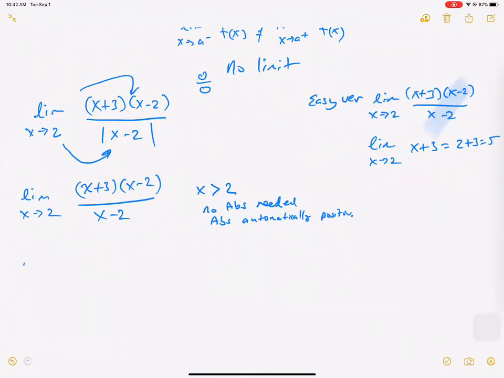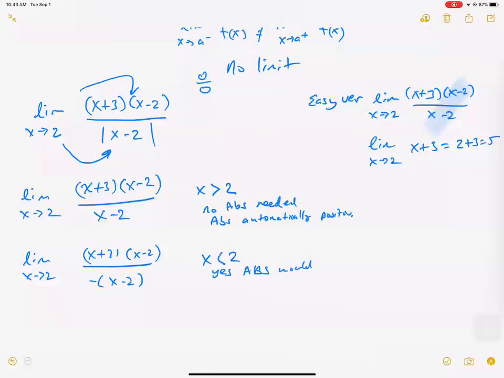We're going to write our next version, the limit as x approaches 2 of (x plus 3)(x minus 2) over negative (x minus 2), for x less than 2. So yes, the absolute value would have been negative. So we need a negative to make it positive.